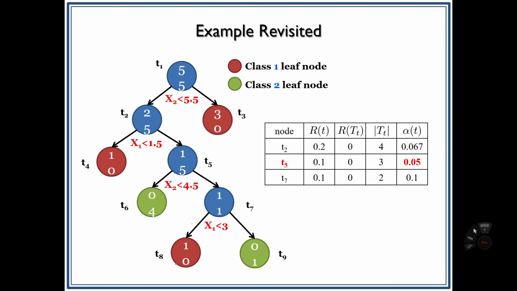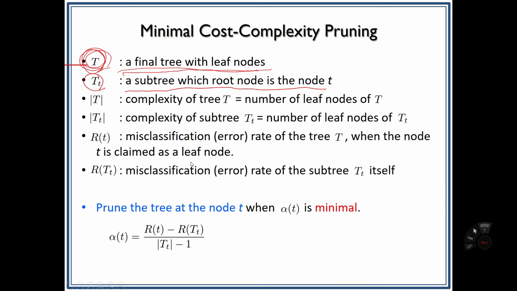This part is the subtree, and this is the final tree, okay? So here T sub t is a subtree whose root node is the node t.